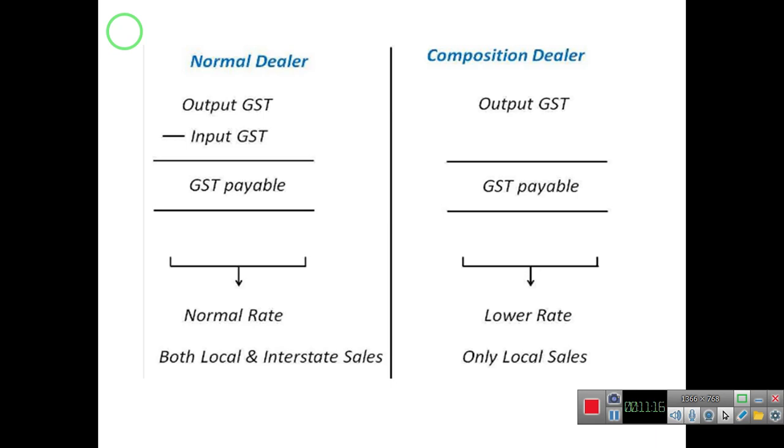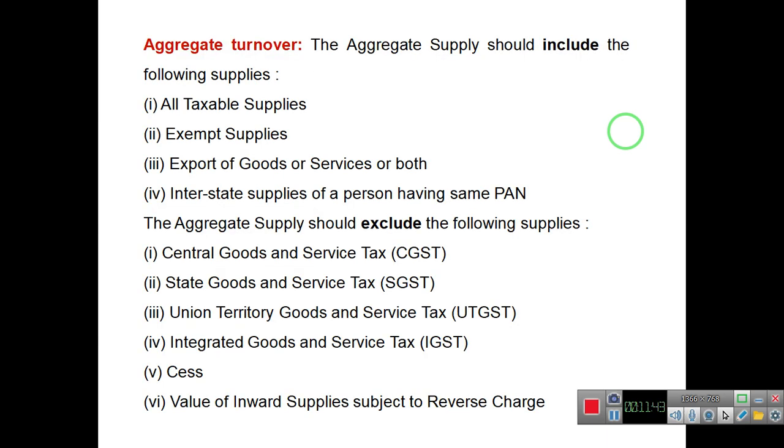In case of a composition dealer, the GST is payable on turnover and he can't claim input tax credit, and the rate of GST is also lower compared to a normal dealer. And composition scheme can include only local sales, or we can say intra-state sales.